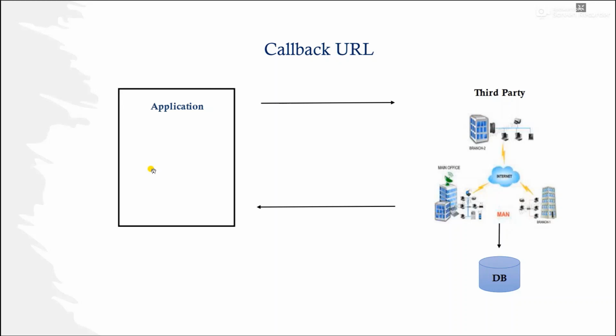You understand? Or to that client, let's use client tomorrow, so that client can send that information to their service. So they will provide the callback URL, and the agreement is between the partner and the other entity or body.